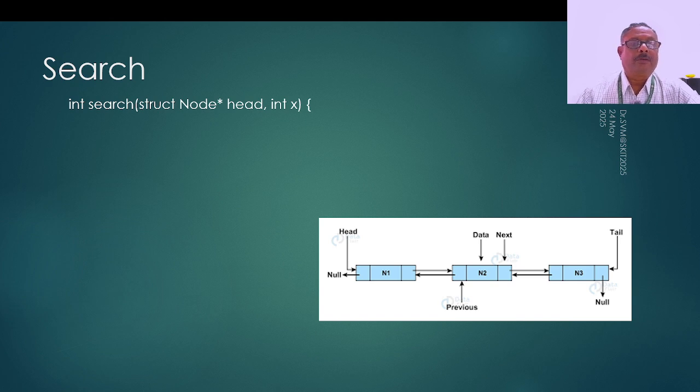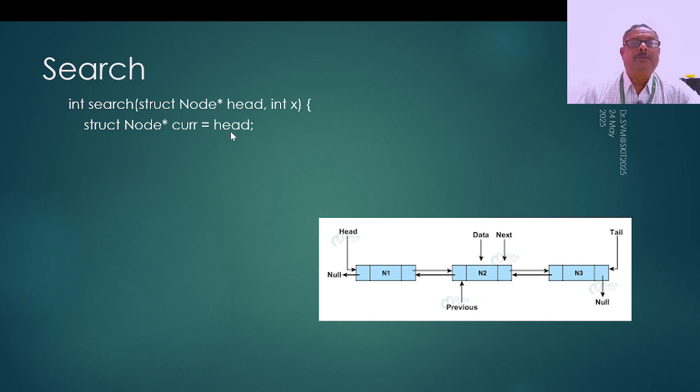So the code would be, we give the position where the doubly linked list begins, the first node address, and then the key value which we are searching for. We need to move from node to node.